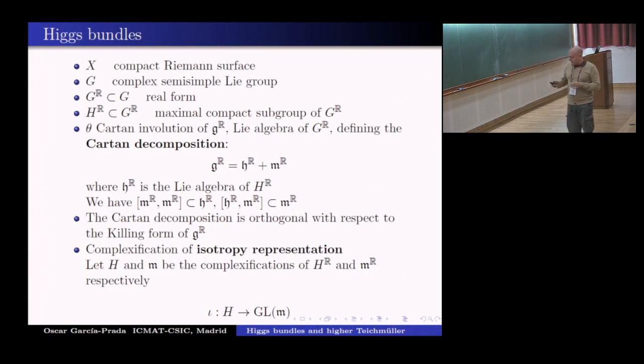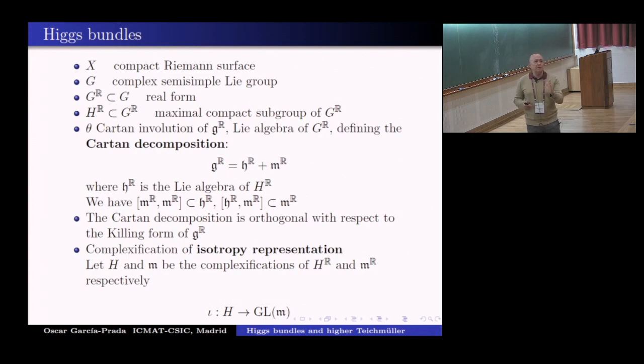What is relevant for us now is that we take the complexification of HR, which we call H, and the complexification of MR, which we call M. If you take the adjoint representation of the group GR on its Lie algebra and restrict it to HR, it breaks into two representations.